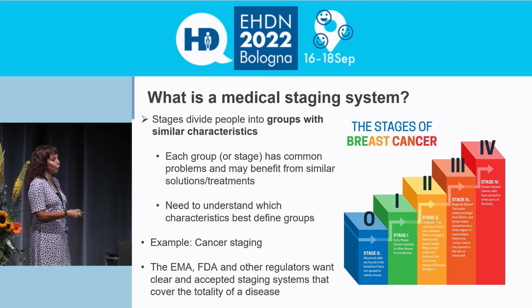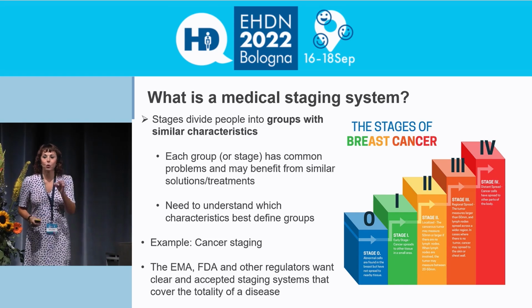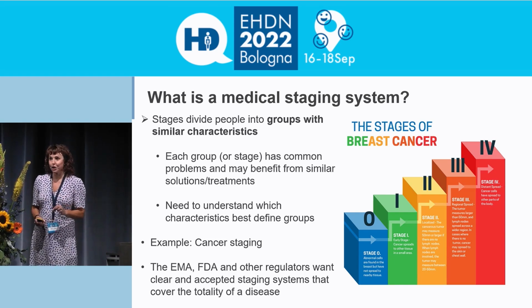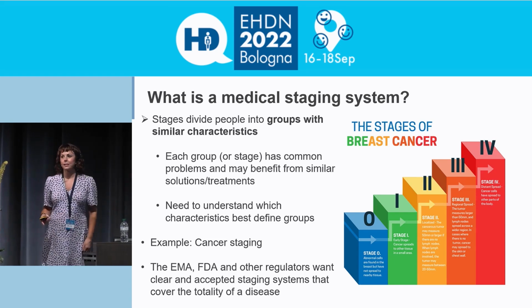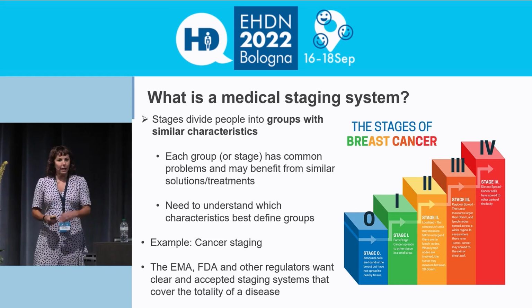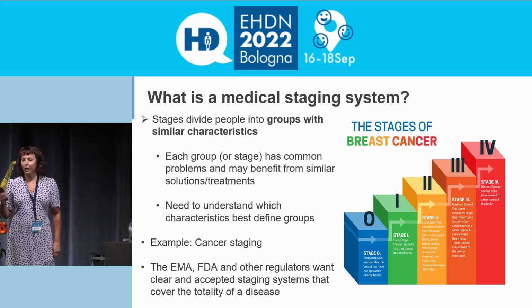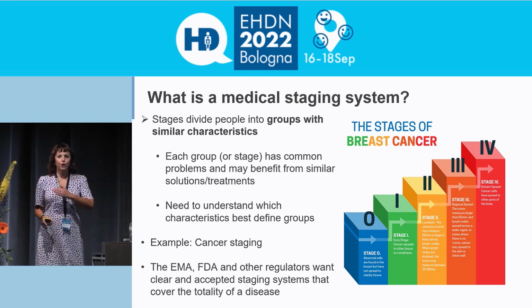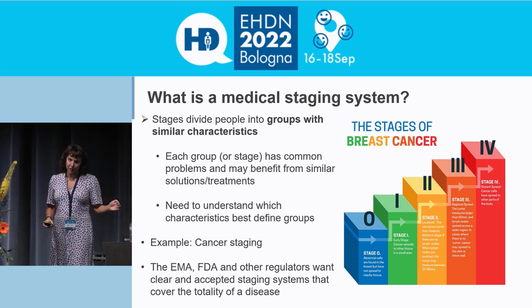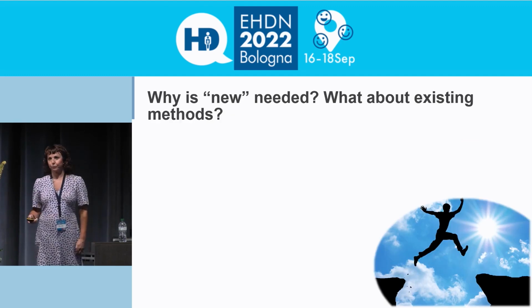And stage 4 is widespread metastatic disease. All the cancers use that staging system, and you can do cross comparisons across trials. Now, the European Medicines Agency and the FDA and all the other regulators want us to have clear and accepted staging systems that cover the totality of a disease, like they have for cancer.